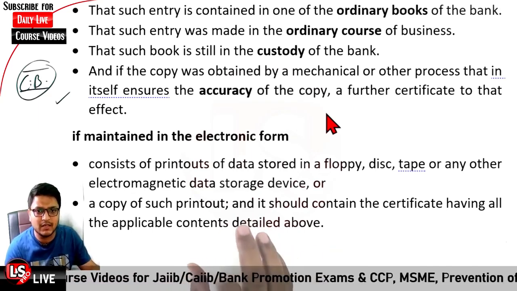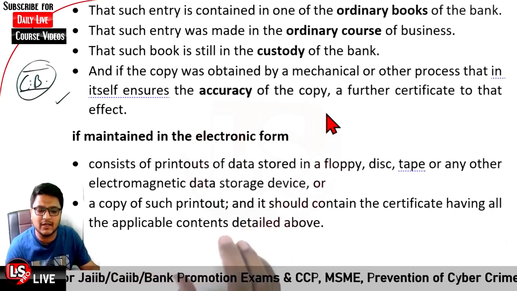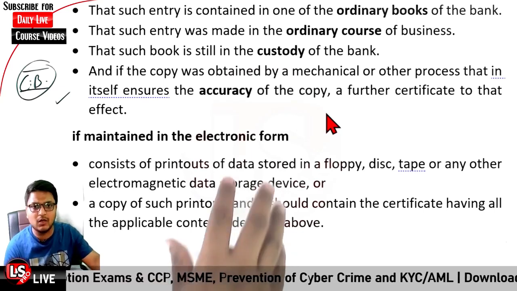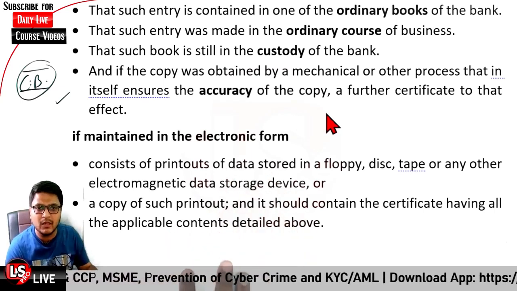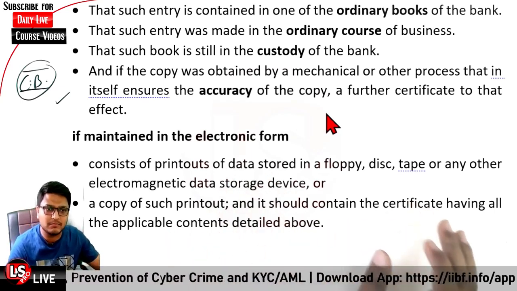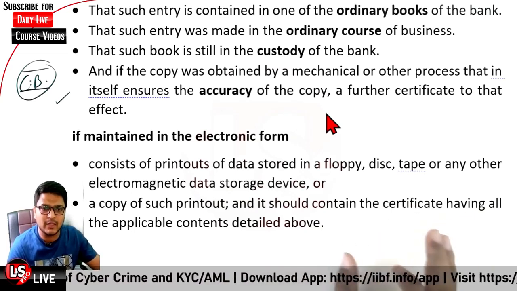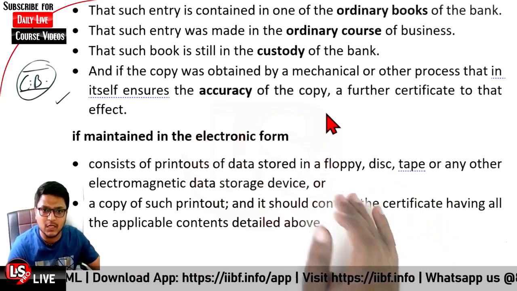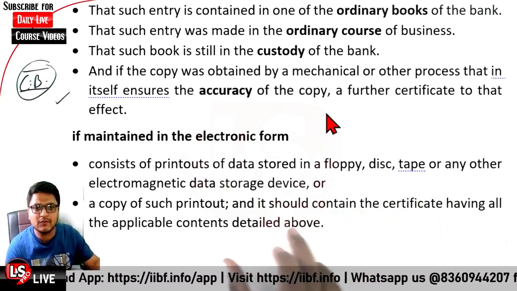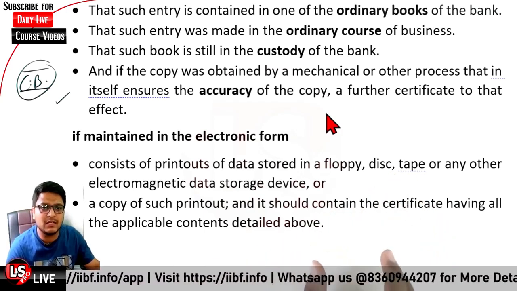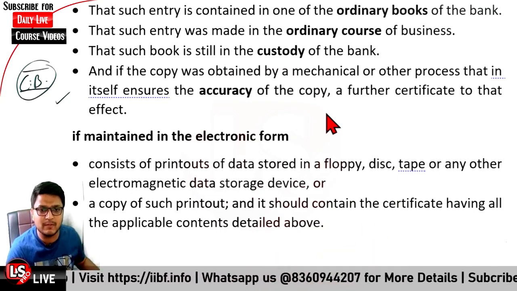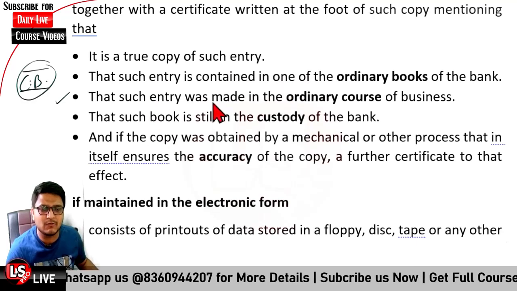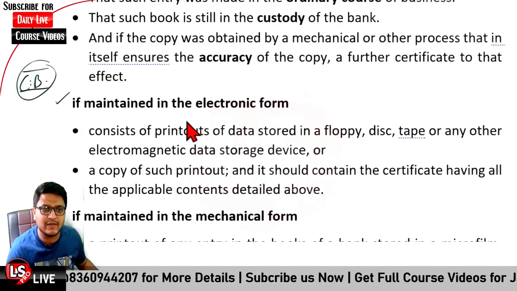So if there is electronic data retrieval, then the entry or the data that we want to retrieve must be stored on some electronic media, on some electromagnetic storage device, and the printout of such data is to be taken out. And further, a copy of such printout should be certified, which will have all the applicable contents as we mentioned above. So all these things must be certified on that copy.